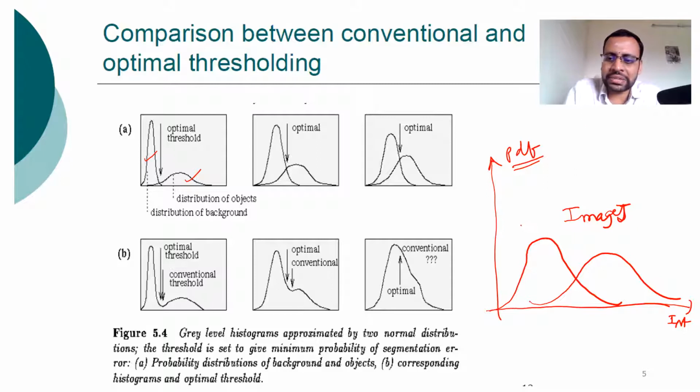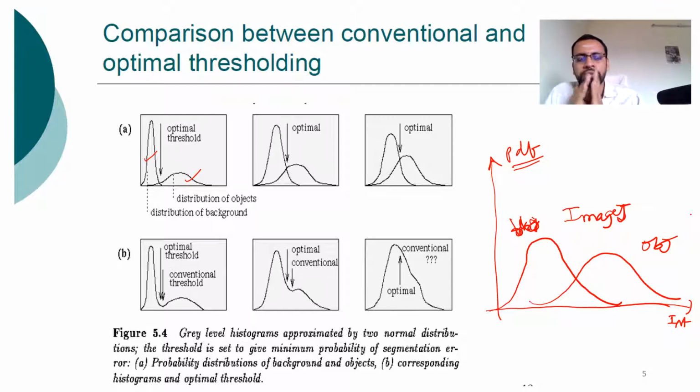Let's say your object is at a high intensity and the background is typically at low intensity. How do you choose an optimal value, up to which intensity is background?